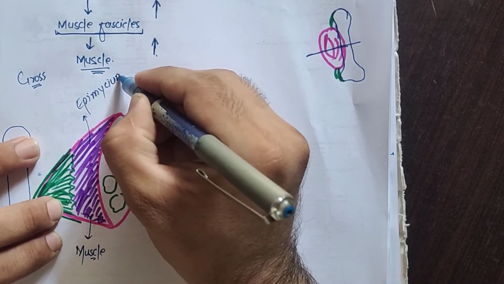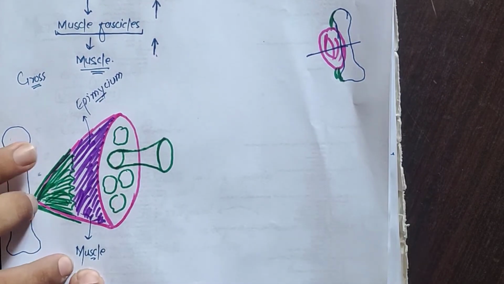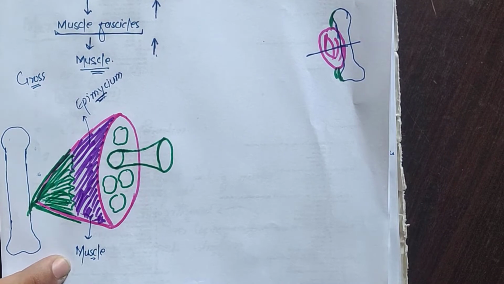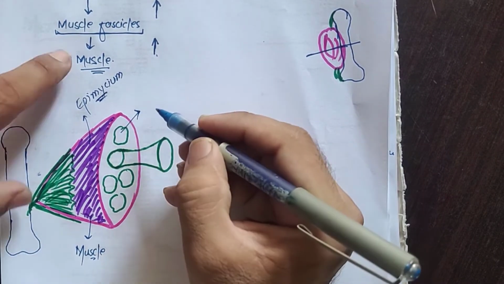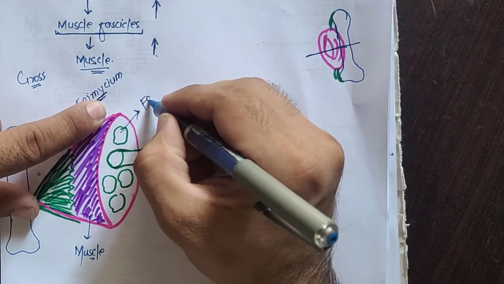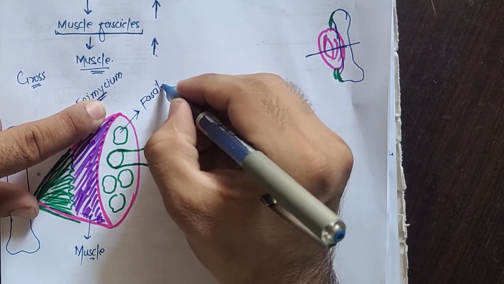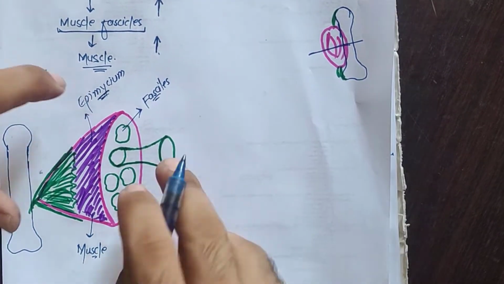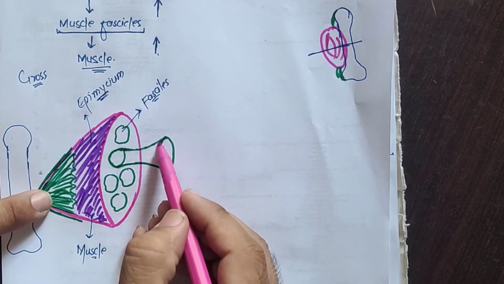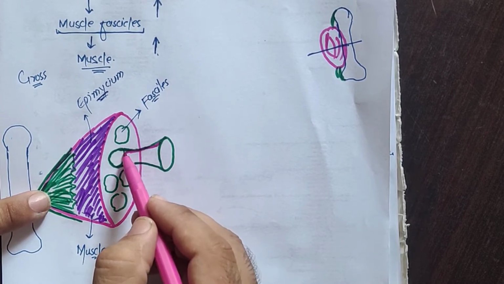Above the muscle there is a connective tissue layer which is called epimysium. And what are these? Inside the muscle there are muscle fascicles. So these are muscle fascicles, right? And above these muscle fascicles there is another connective tissue layer, right?